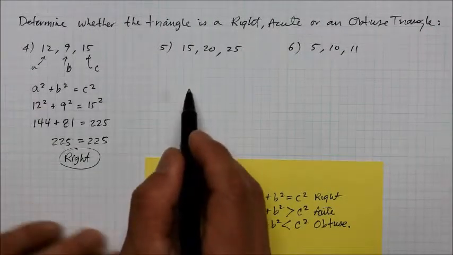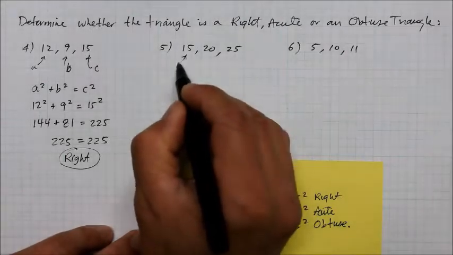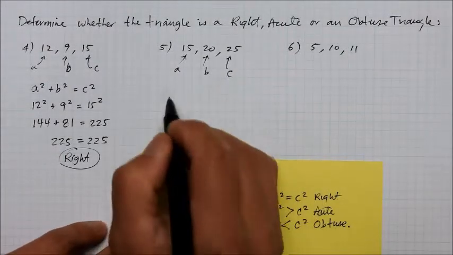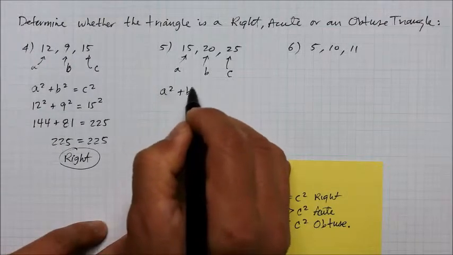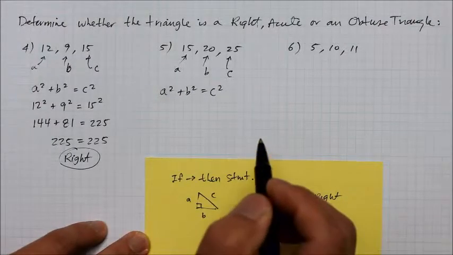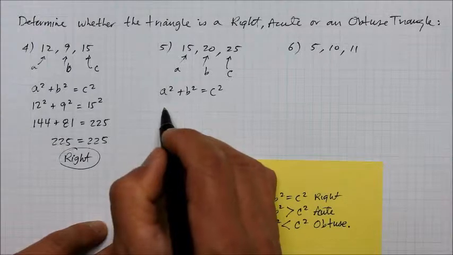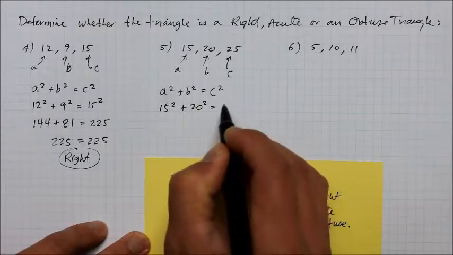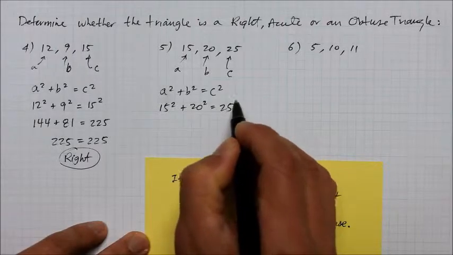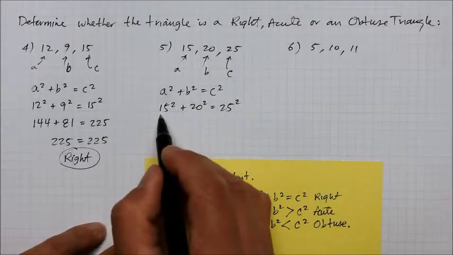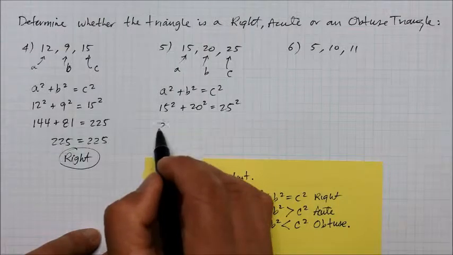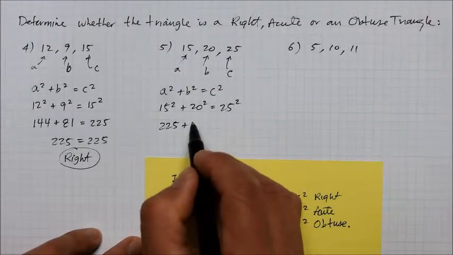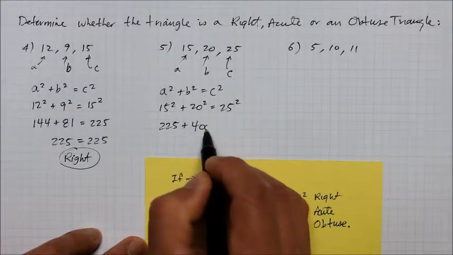And this one? This is A, this is B, and this is C. Again, a squared plus b squared equals c squared. A squared is 15 squared, B squared is 20 squared, and C squared is 25 squared. Now 15 squared I still remember as being 225. 20 squared is 2 times 2, which is 4, with 2 zeros.